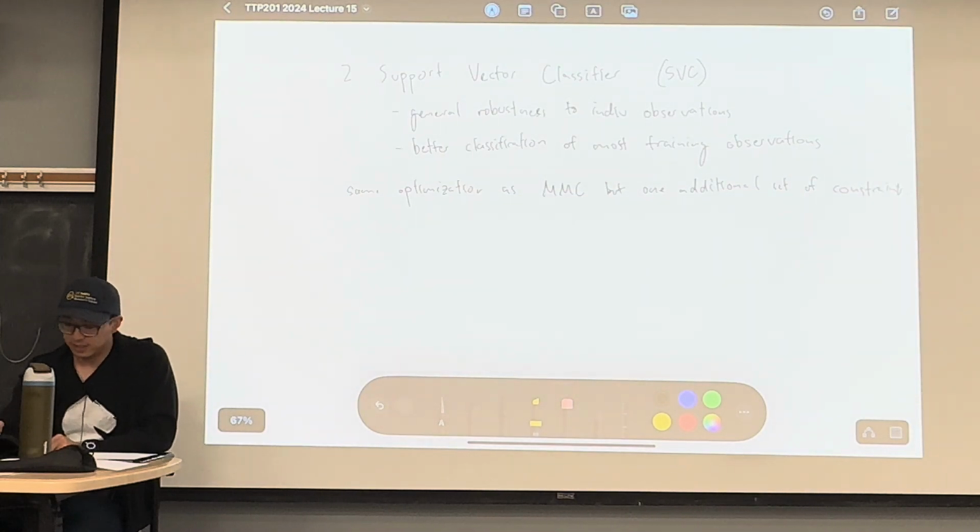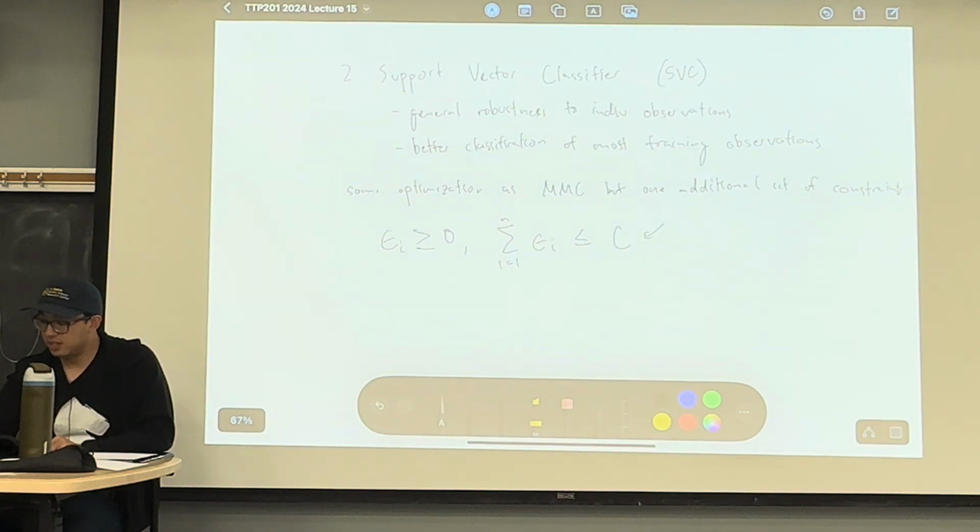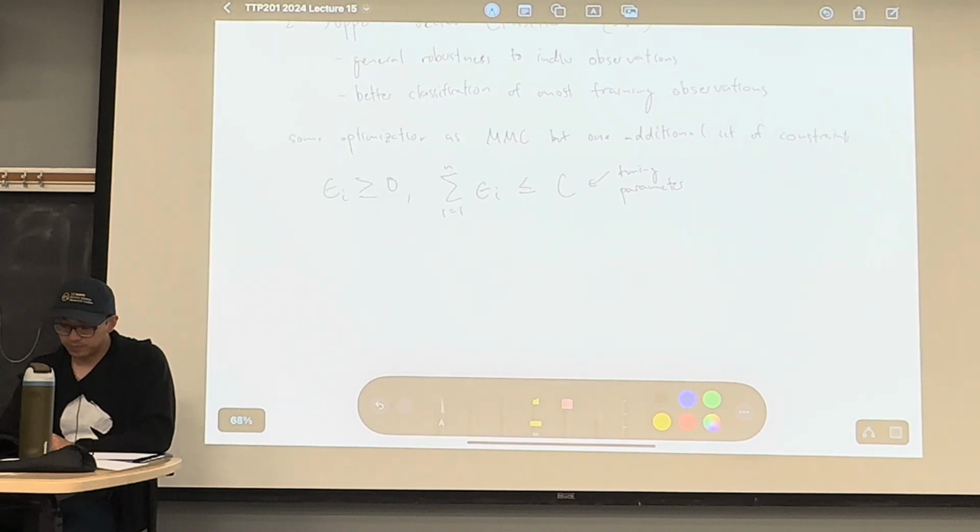And that is epsilon i is greater than or equal to 0, the sum of epsilon i is less than or equal to C. And this C is known as our tuning parameter. So now our equation looks something like this.